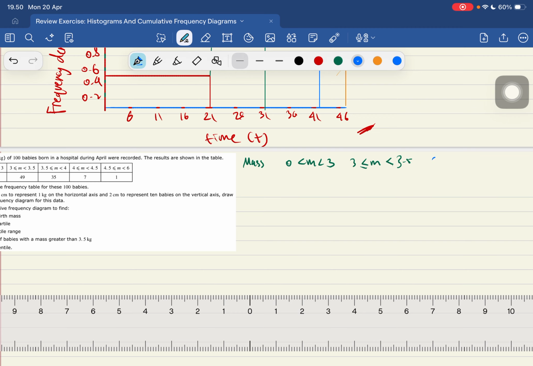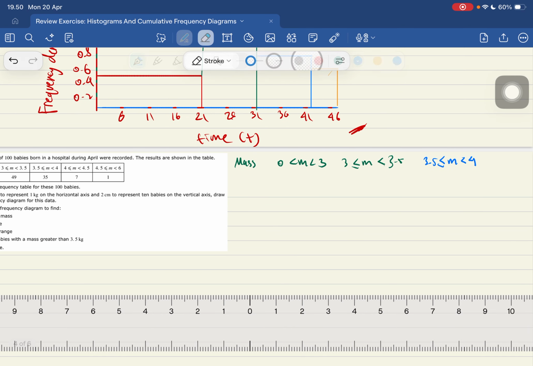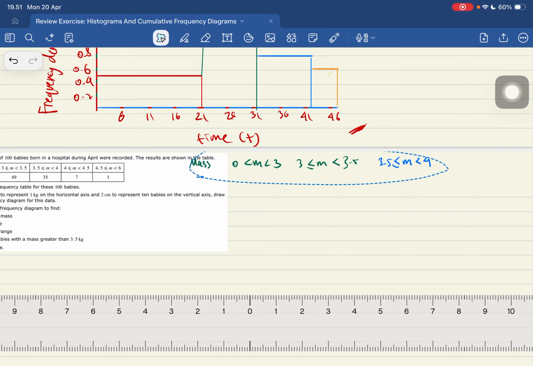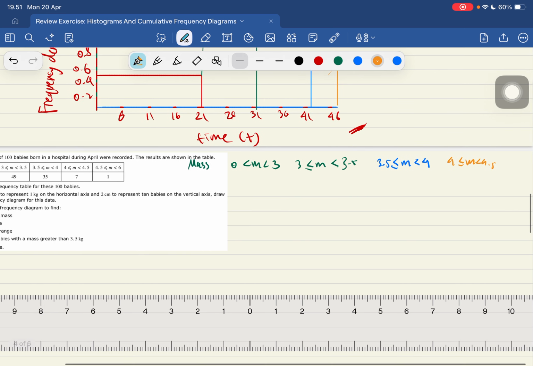The next from 3.5 to 4 is too big. And then 4 to 4.5, and the last mass is 4.5 to 6 here.